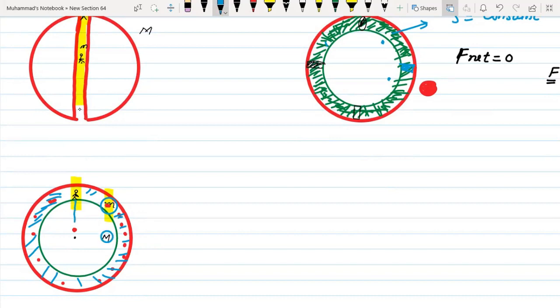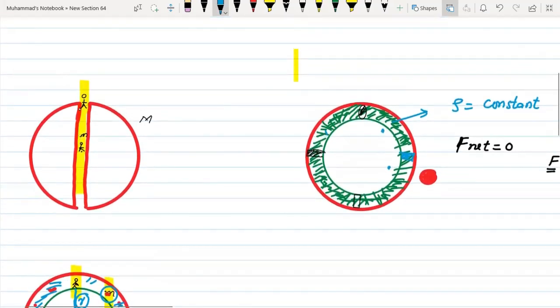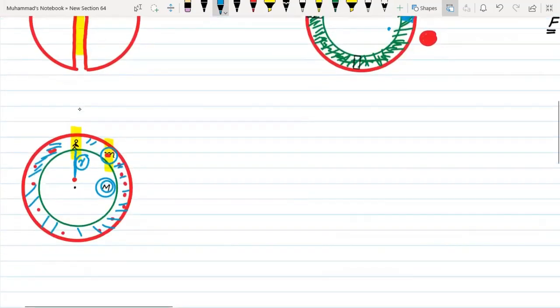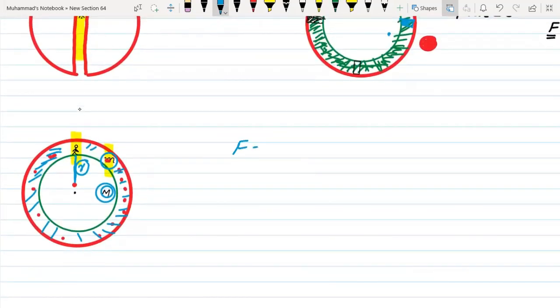So what happens? As you move down, both the radius and this mass are changing. So the force on you is G, let's say your mass is m1, and the mass that applies force on you, the part of mass of Earth, is capital M over R square.